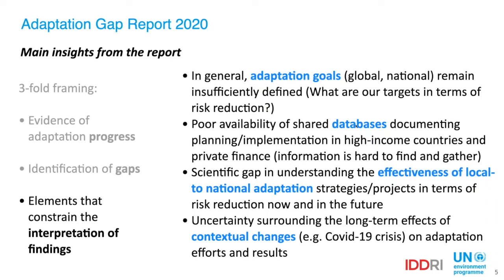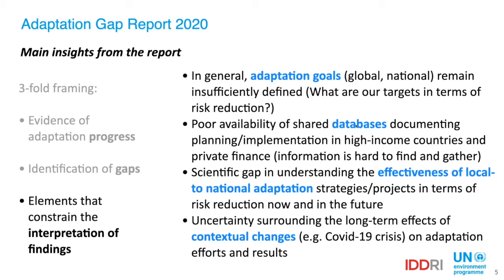Also, we identified some elements that constrain the interpretation of the findings and the identification of whether we are making more progress or there are still gaps. So, four of these barriers: the first one is related to adaptation goals, both globally and nationally.